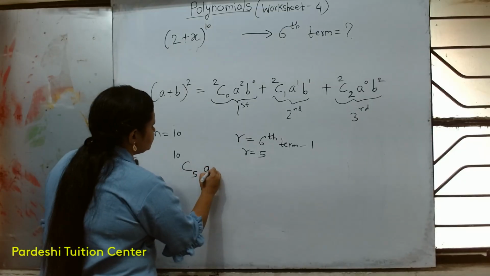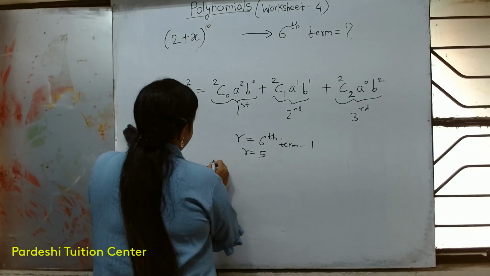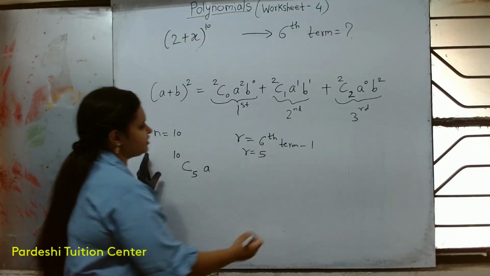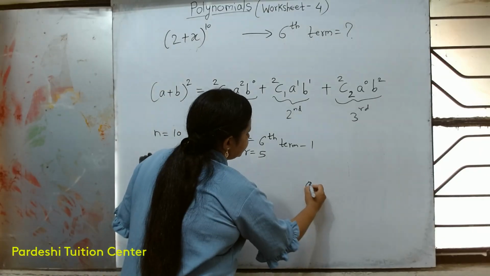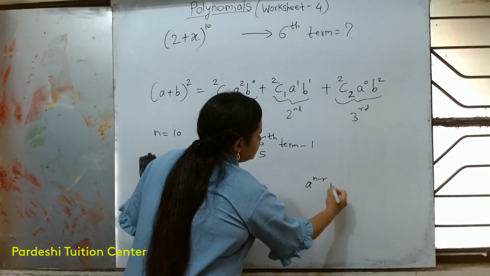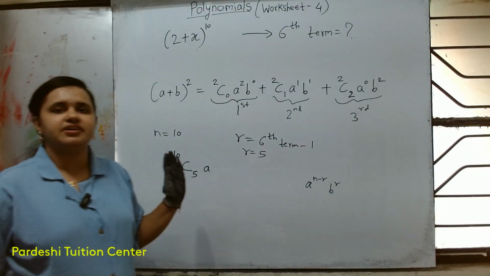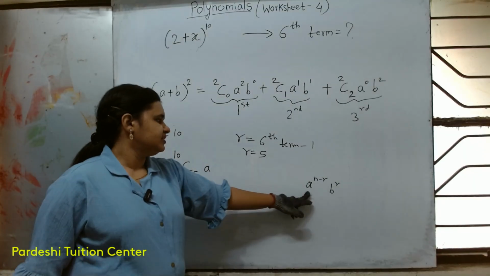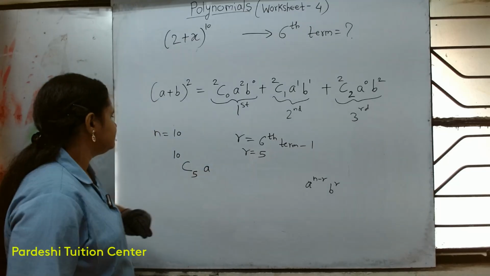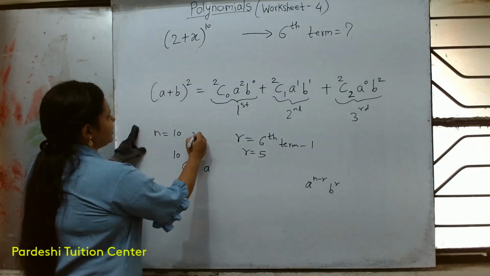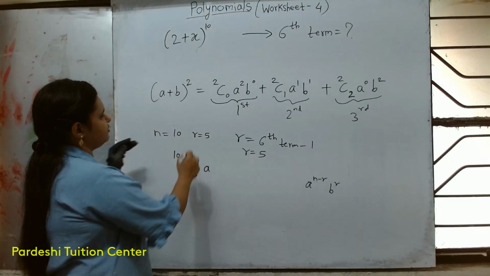Now a to the power n minus r, according to the formula we studied in the earlier lecture on binomial expansion. It is a to the power n minus r, and our r is equal to 5.